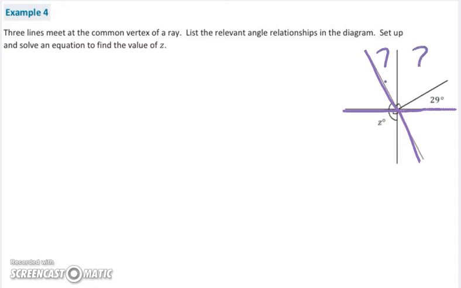I don't know what this is. If you notice, both of those angles together would give us 90, because we see this right angle here. But that doesn't help us with this angle we're trying to find. So we're back to the drawing board. Vertical angles will not help us right now.